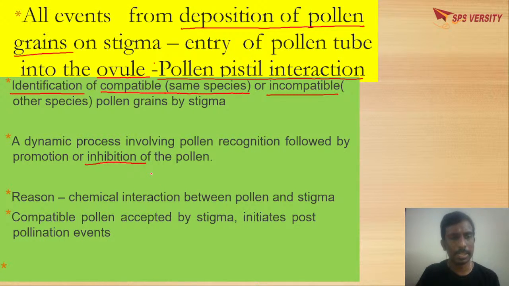So how will they interact? How can they identify whether it is compatible or incompatible? By chemical interaction. By chemical interaction, they can identify whether it belongs to the same species or a different species.